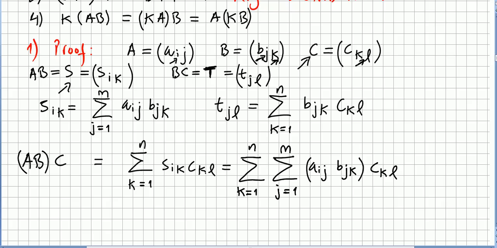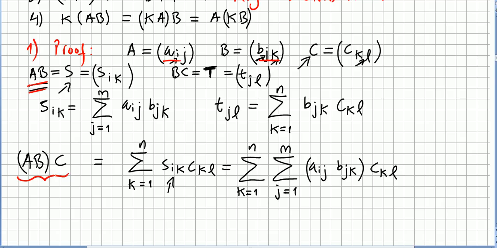S is Siq, and C is Cql, so A times B times C is this. At the end of the day, since Siq is A times B, it will be the double sum of Aij Bjk times Cql. So I already have AB times C.